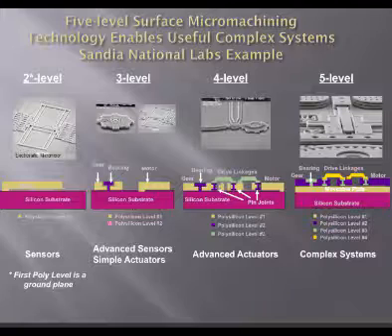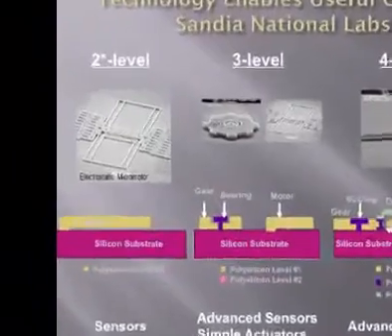Now this is a little historical slide from Sandia National Labs that I like to show. They went through a series of evolutionary steps in their process. The first time anyone made a MEMS device, a surface micromachine device, they used 2 layers. That's all you need.